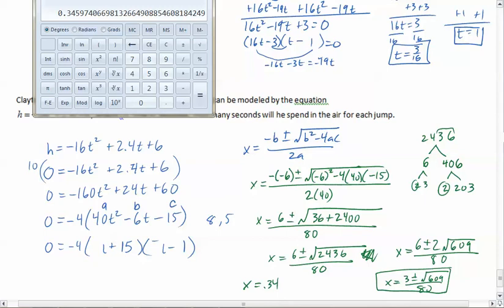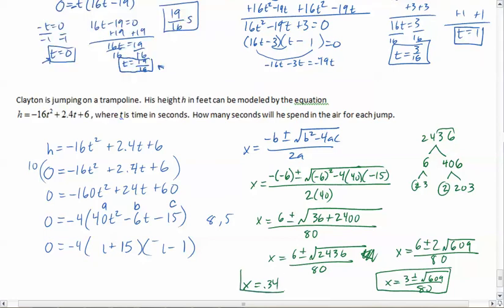And then also, if we then do 3 minus the square root of 609 divided by 80, that's a negative time, which doesn't make any sense. So we're left with x equals 0.34 seconds. And that's the ball game, y'all.